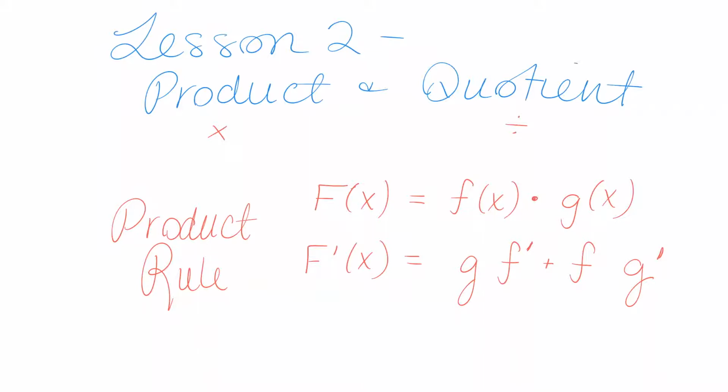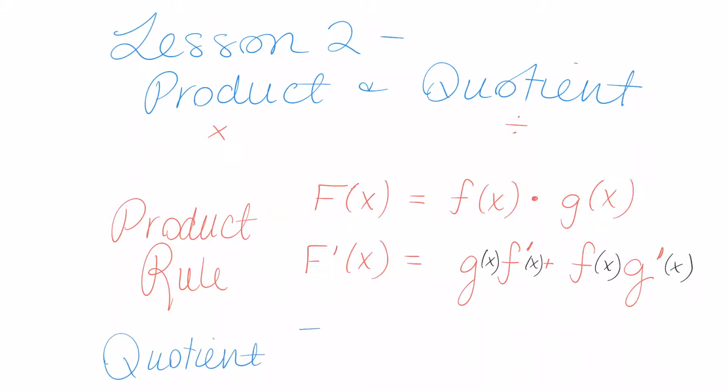So G of x times f prime of x plus f of x times g prime of x. G, F, F, G.